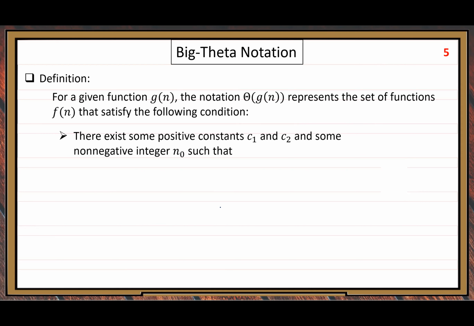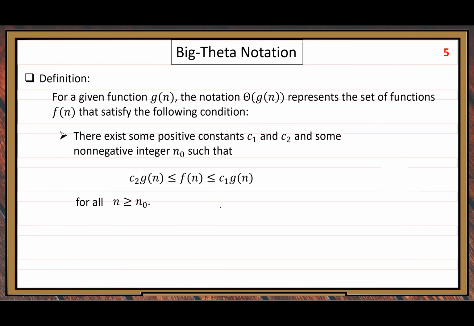This time we have positive constants c1 and c2, and also non-negative integer n0, such that the inequality has two bounds, lower bound c2 multiple of g of n, and upper bound c1 multiple of g of n.